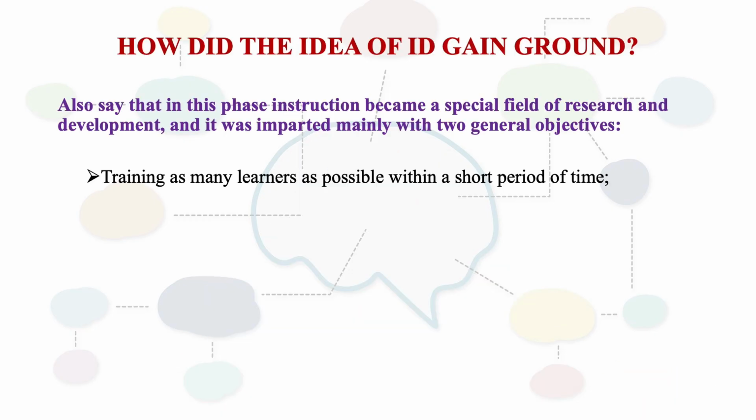At that point of time, it was realized, and you will see that even now in distance education, we try to teach as many learners as possible in those military academies. One of the two general objectives was to train as many learners as possible within a short period of time. And we still continue with this objective.